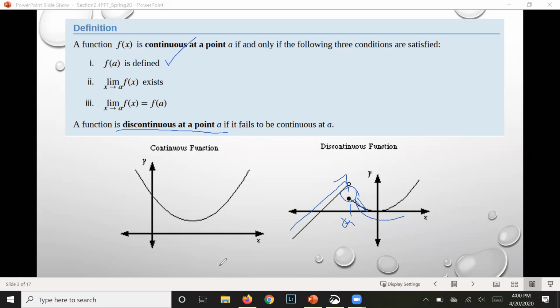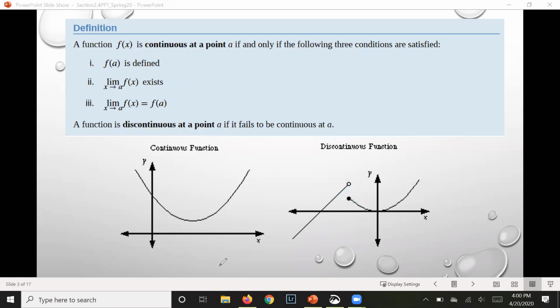If we come from the right, we're getting closer and closer to that closed dot value, but notice they seem to be separate. That means our limit from each side is different, so does the limit exist? No, it does not. So it fails this condition. Because it fails one of the three, it is not continuous. This is why this function is not continuous at this point a.